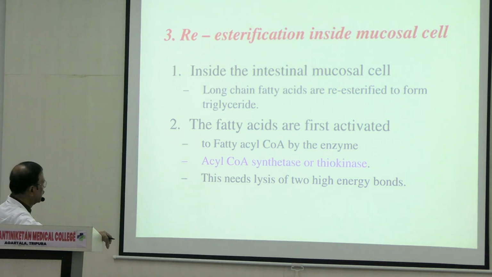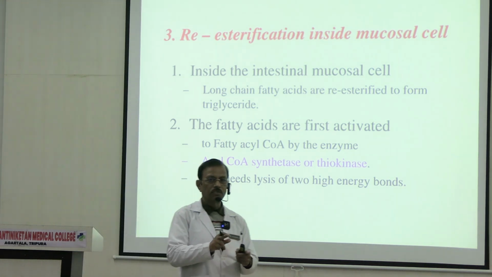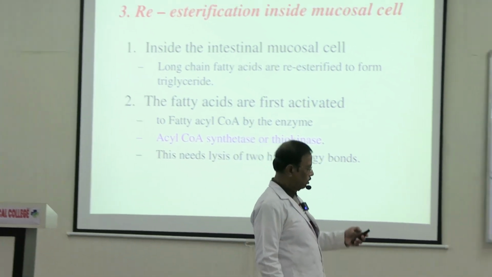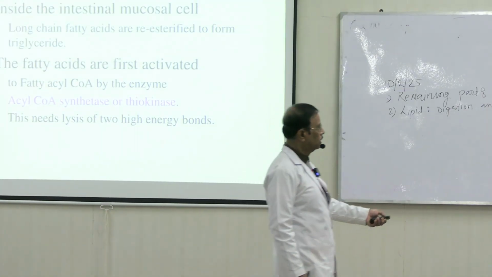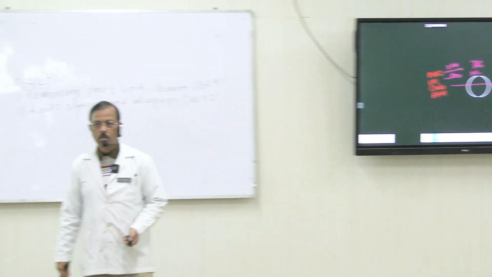Fatty acyl CoA is formed by the enzyme acyl CoA synthase, which needs lysis of two high energy bonds. Formation of this needs utilization of 2 ATP for each fatty acid added with the monoacylglycerol.